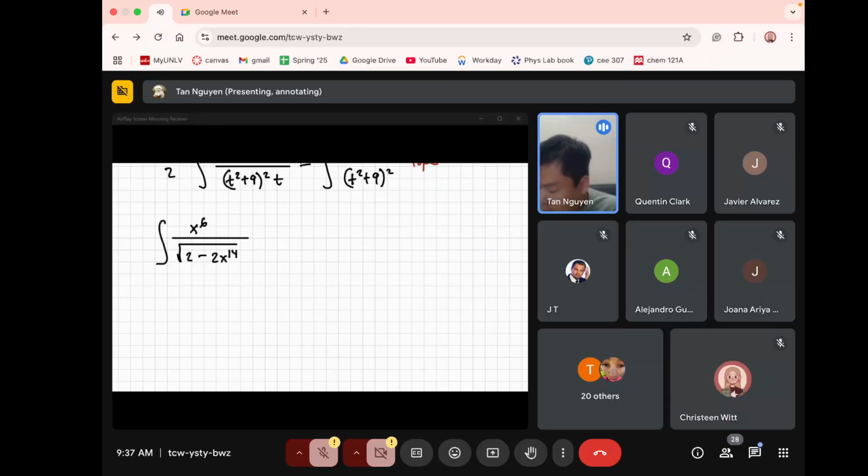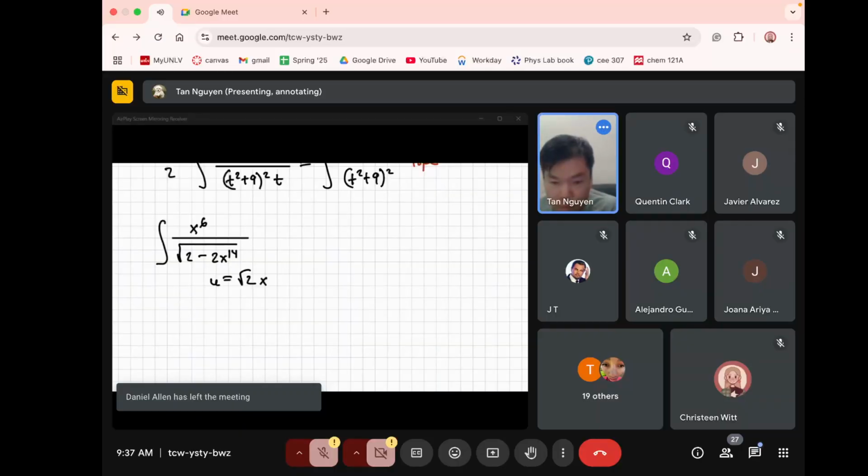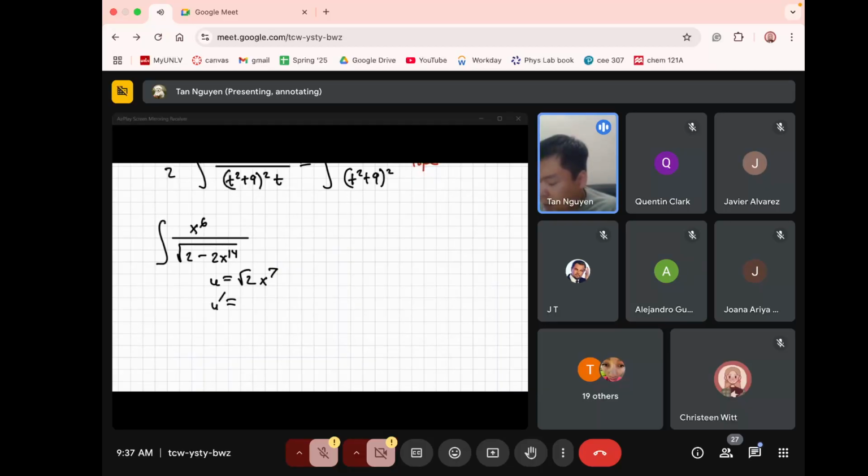Do you guys realize that u is equal to radical 2x to the 7? Right? So u prime is going to be 7 radical 2x to the 6, and that's on the top. Formula number 11. Yes, that's formula number 11.